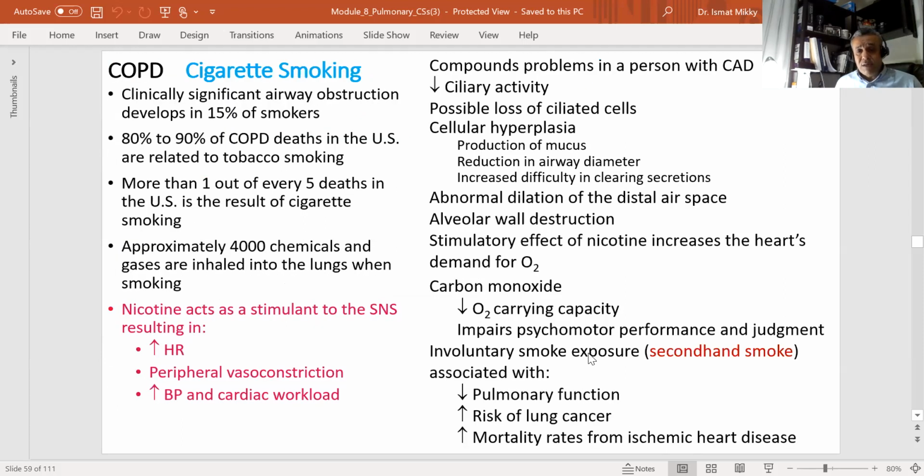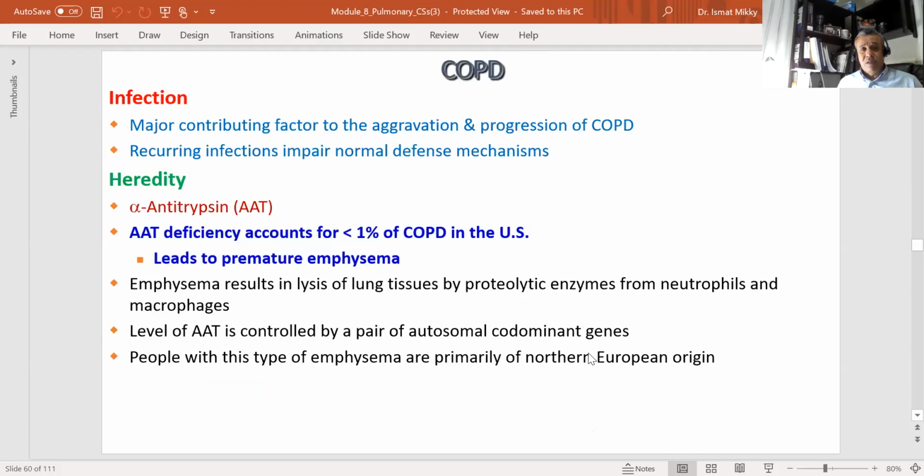So cigarette smoking is the first contributing factor or etiological factor for COPD, and this slide explains very clearly, in detail, how cigarette smoking will lead to COPD and the detrimental effects of tobacco or cigarette smoking.